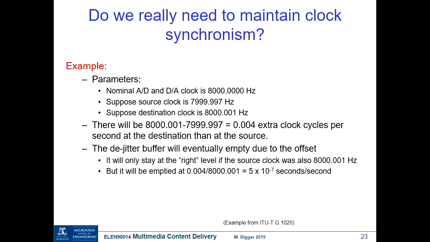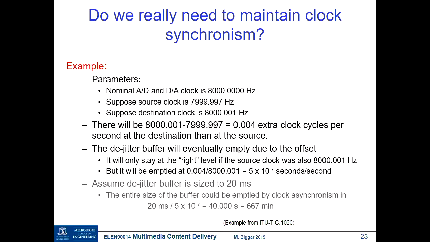Eventually the de-jitter buffer will empty due to that offset. If the source clock was exactly the same, everything would be okay. But because this one's getting a little bit behind, we're not generating samples quite as fast as we're trying to decode and play them out, and the drift between the two clocks is that amount.